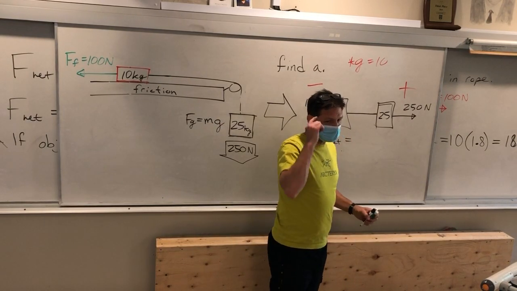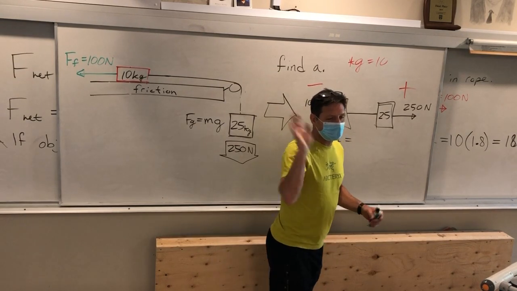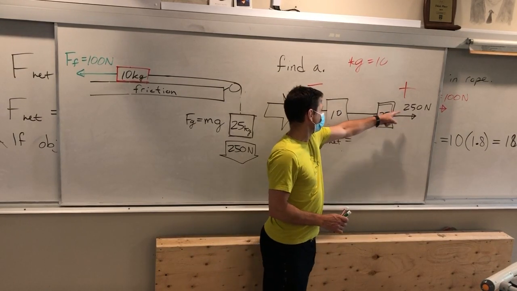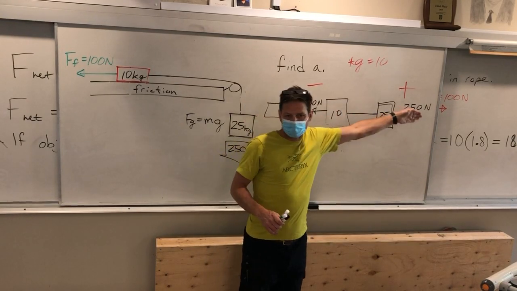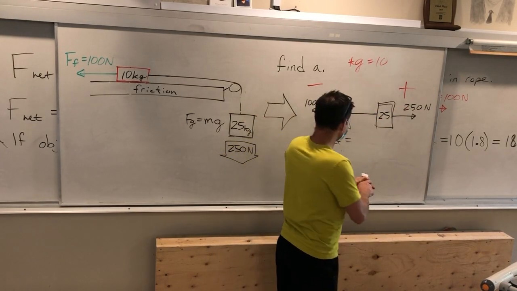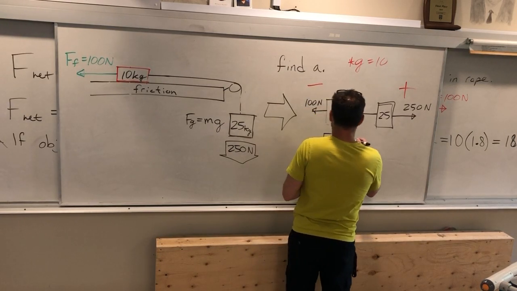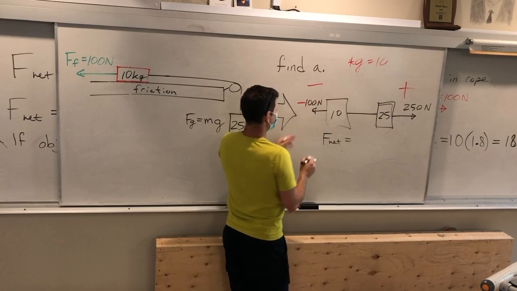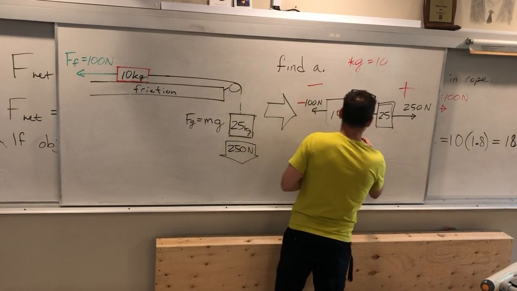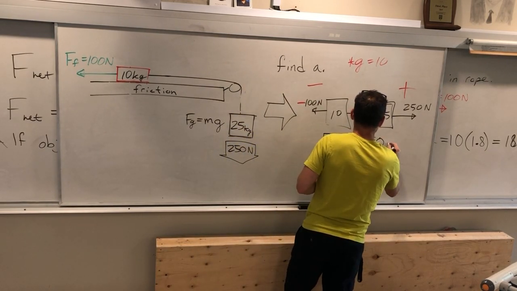If you're a real world thinker, you're going to be like, nah, I don't need any of that. This one wins, it's bigger, and it wins by 150. So you just subtract the two, and that's 150 that way. Either way is fine. But if you're mathy, you do want to remember this is negative 100. So your net force is 150.